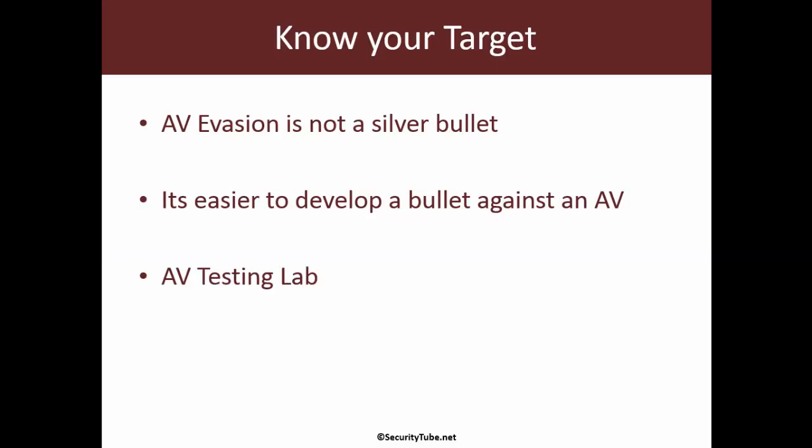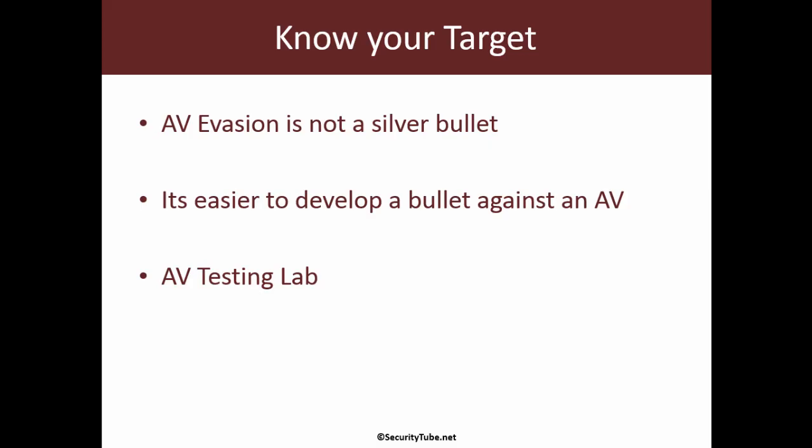Now, why is this so important? In the world of AV evasion, or for that matter, even network IDS evasion, it is very, very important to know your target. As I mentioned, there is really no silver bullet as far as AV evasion is concerned. And more often than not, one of your binaries would be detected at least by one or more AVs, right?